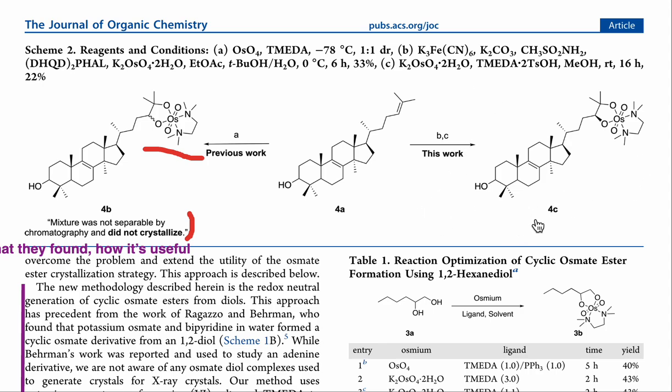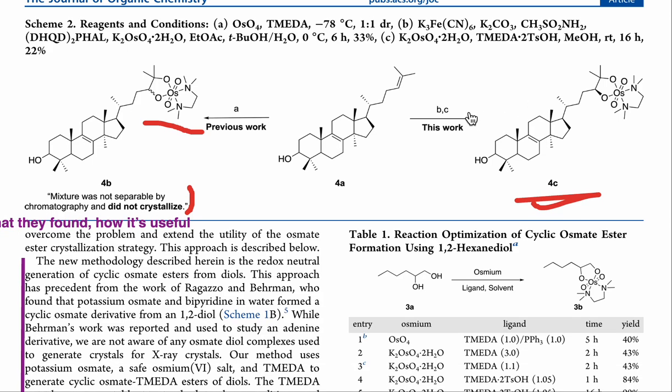And they were able to form a diol with a more selective reaction and then make the osmate ester of it. And so they were able to make this compound more enantiomerically pure. So they're contrasting what had been done before with the improvements that they have made and what their work is adding to the field.